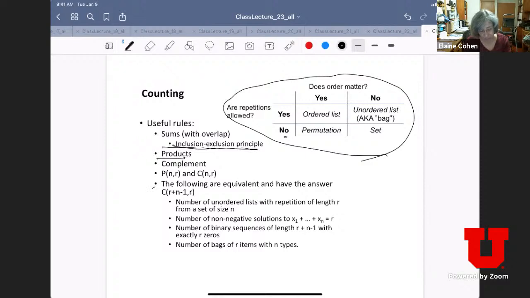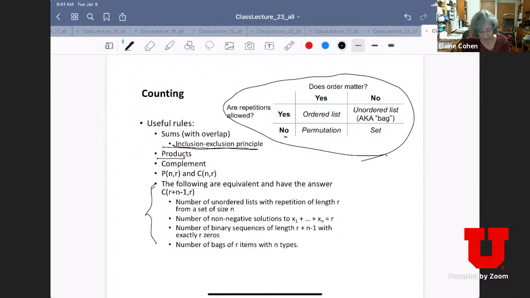And then we have this biggie. It says the following are equivalent and have the answer C(R+N-1, R). The number of unordered lists with repetition, what's that? That's a bag of length R from a set of N. The number of non-negative solutions to the linear equation x1 through xn equals R. The number of binary sequences of length R+N-1 with exactly R zeros, which means exactly N-1 ones.